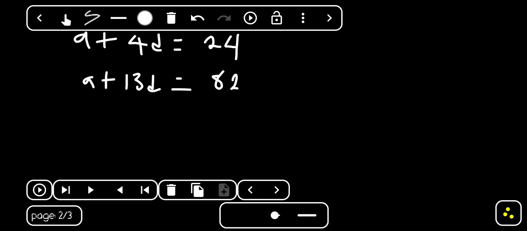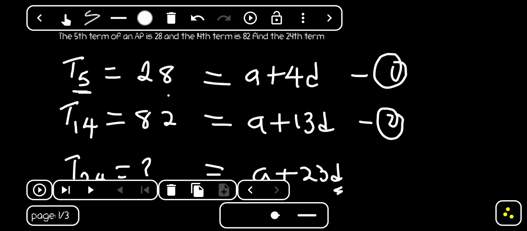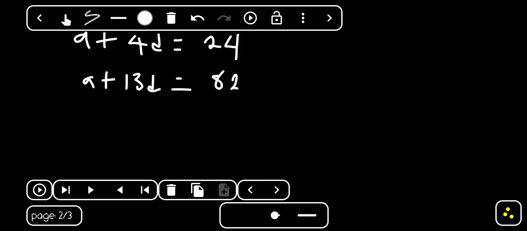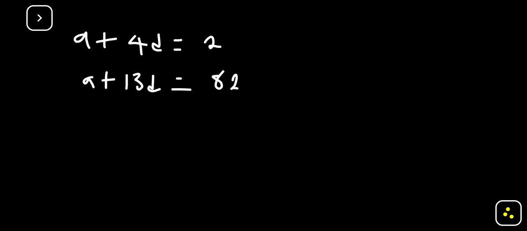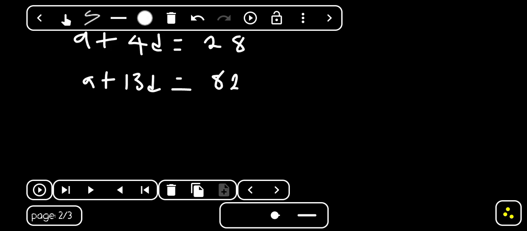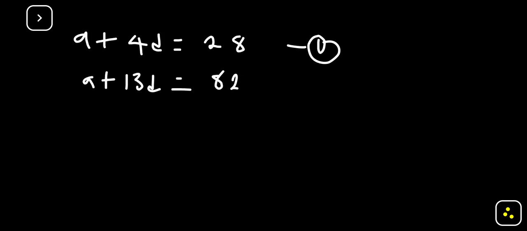Let me check this out; sometimes I make mistakes. Yes, this is 28, so let me correct that. All right, 28, and 82 is correct. So this is equation 1 and equation 2.